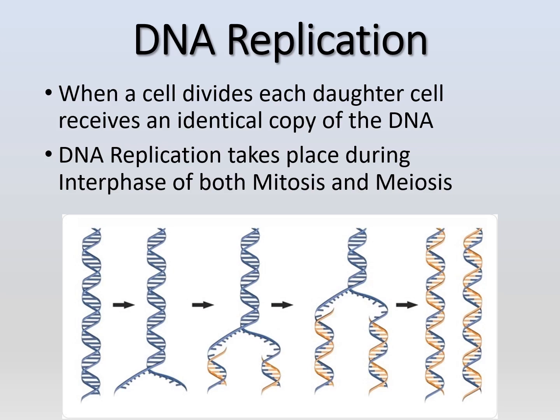So this schematic down here just gives you a basic idea. First we have to unwind the DNA, right? So the base pairs have to come apart, and then essentially we're going to copy each side of the DNA, each strand, okay?